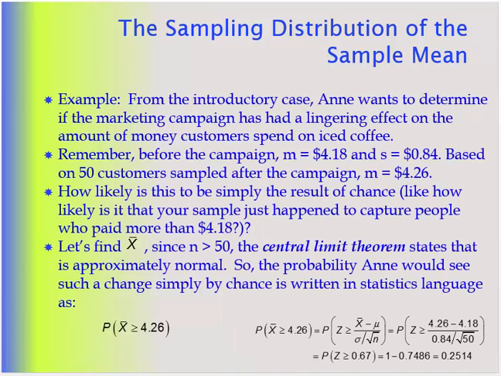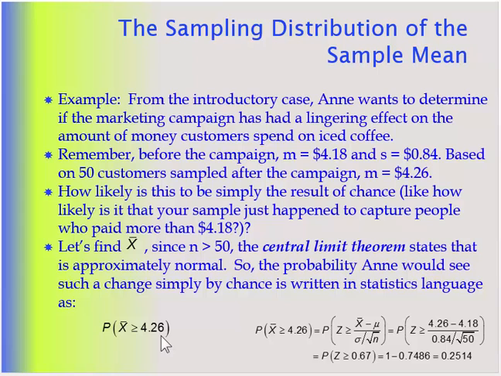So in this problem, this is from the introductory case. They want to find out if the marketing campaign is what has influenced people to spend more money on iced coffee. So in this example, they've got the average originally being $4.18, but now we find people are spending $4.26.